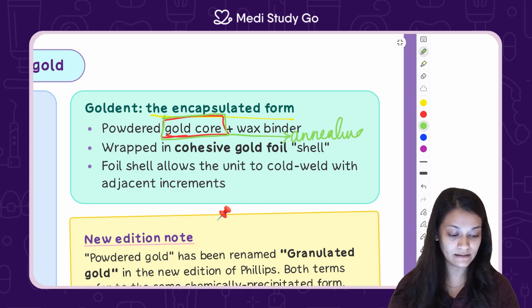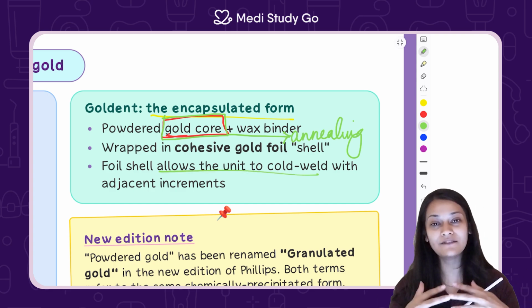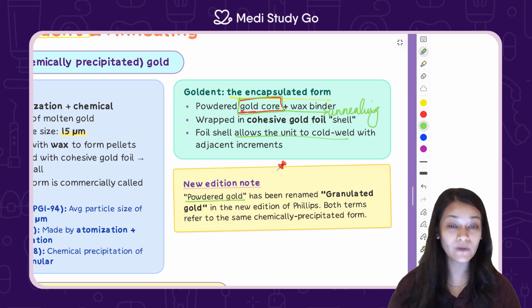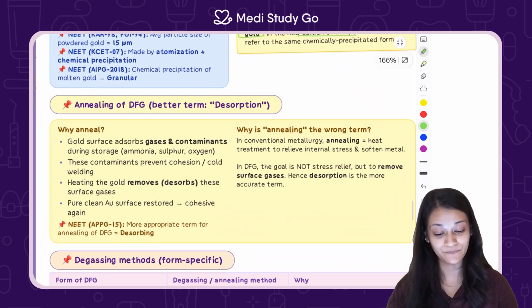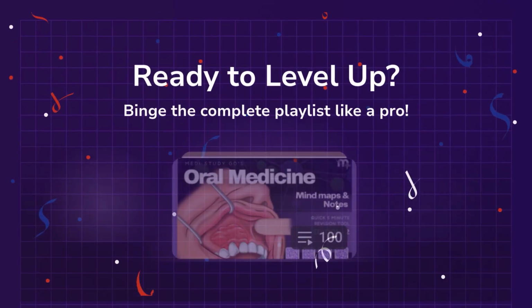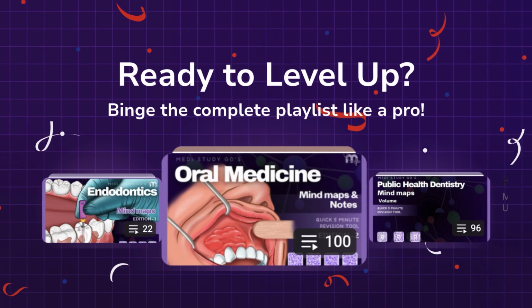Once you have annealed it, then you can just cold weld it. Under pressure, they will just form a bond and be done. We discussed how powdered gold is now renamed to granulated gold in the new edition of Phillips. So you need to remember this as well. Annealing: binge watch the entire playlist if you are very curious to know what exactly is meant by annealing.